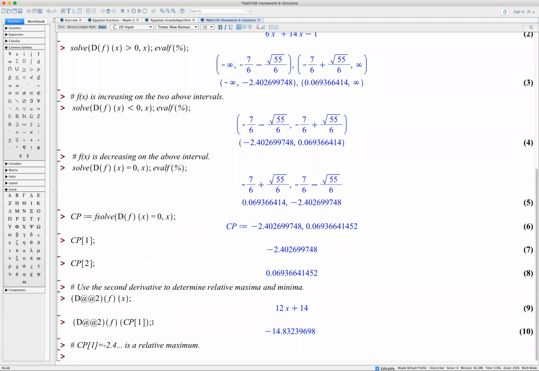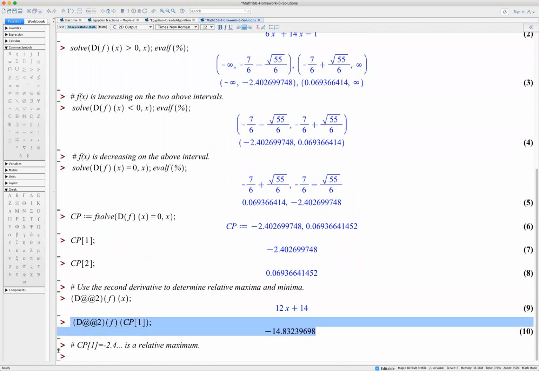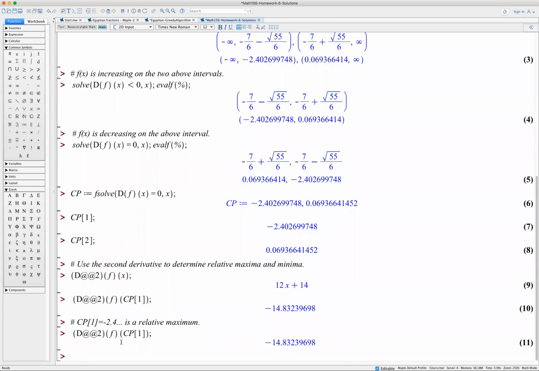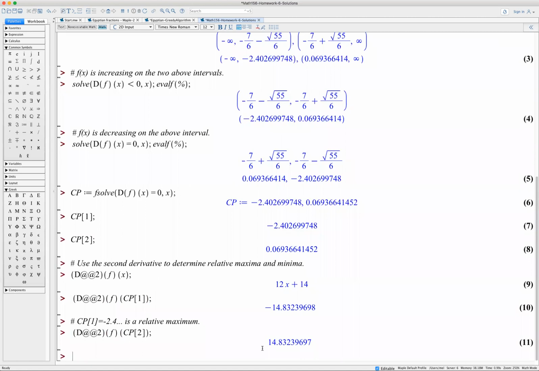And if I evaluate the second derivative at the second critical point, it's positive.